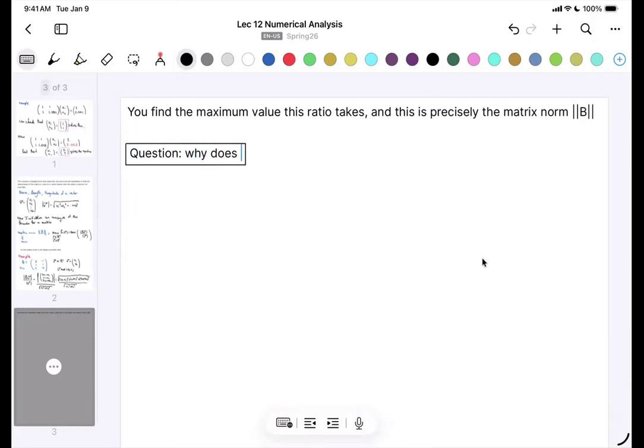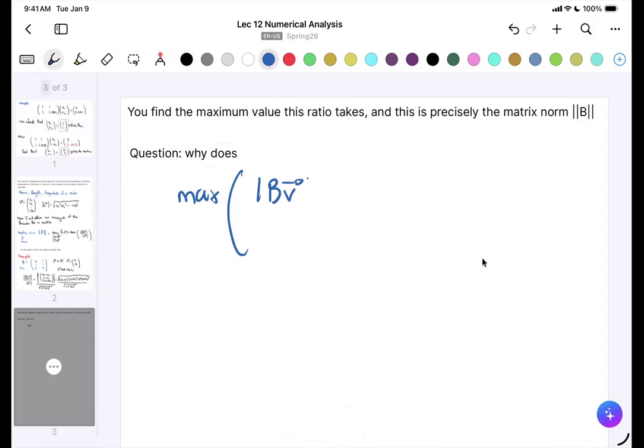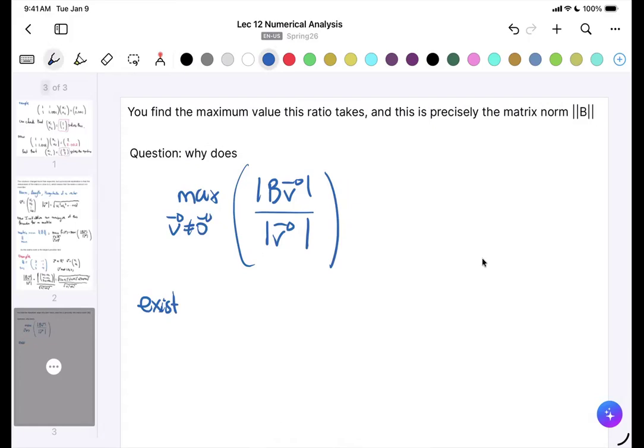Why does the maximum exist? I'm taking the maximum of this expression. Why does this exist? Again, here the only restriction is that v is not the zero vector.